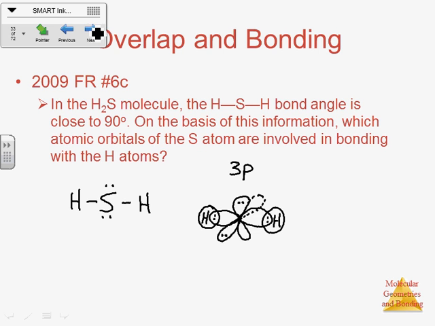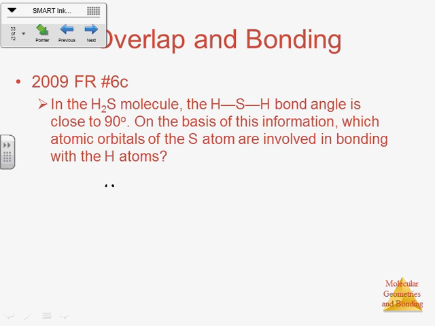I think the picture is probably more confusing than anything. This is the problem we run into with these: why would these be 90-degree angles? You can get to the idea of 90-degree angles just by remembering the lone pairs are going to end up pushing on this HSH bond and bending it down.